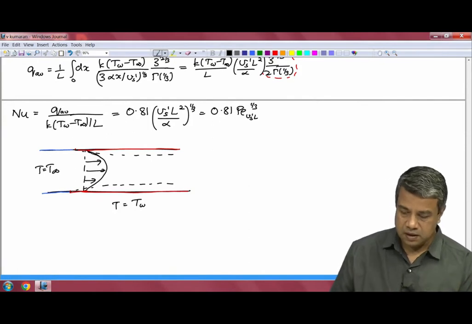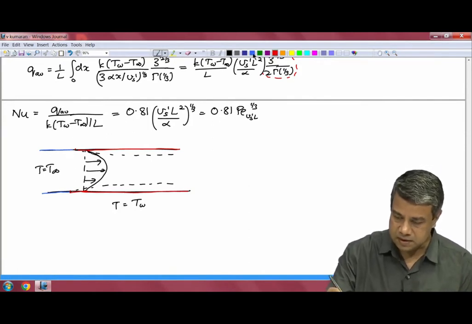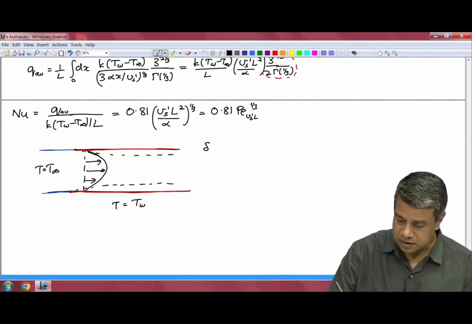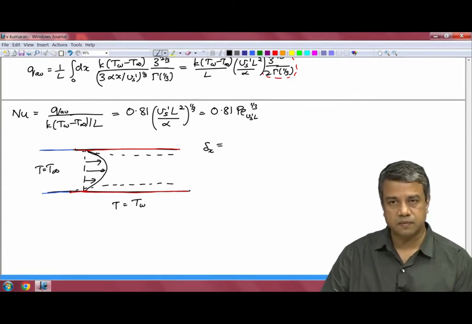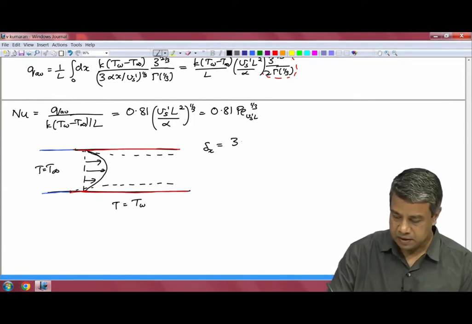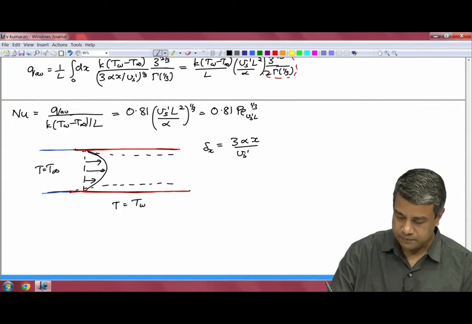Once you do that, the expression for the boundary layer thickness is the same as that for the flow past a flat plate: (3 alpha x by Vs prime) whole power 1/3.